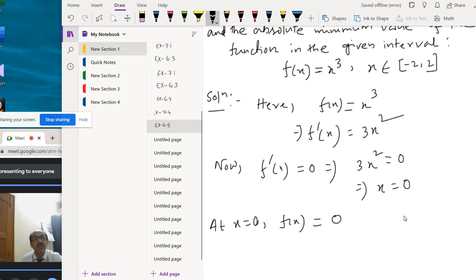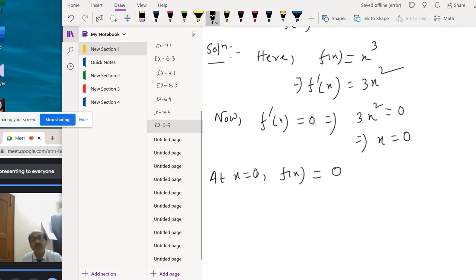So find f of minus 2 and f of 2. At x equal to minus 2, f(x) equal to x cube, that is minus 2 whole cube, equal to minus 8.